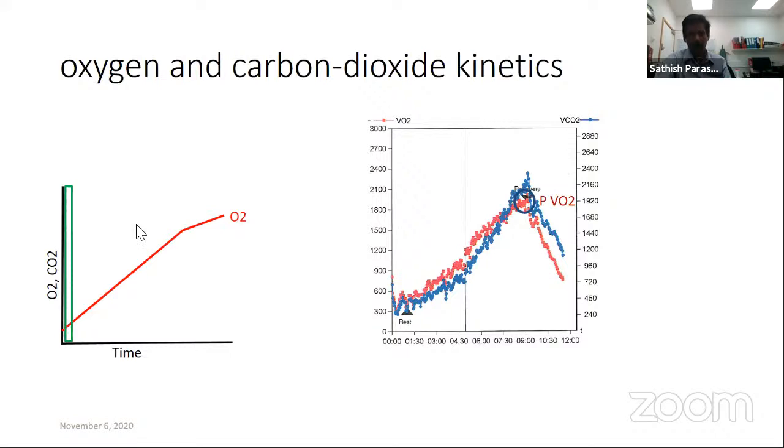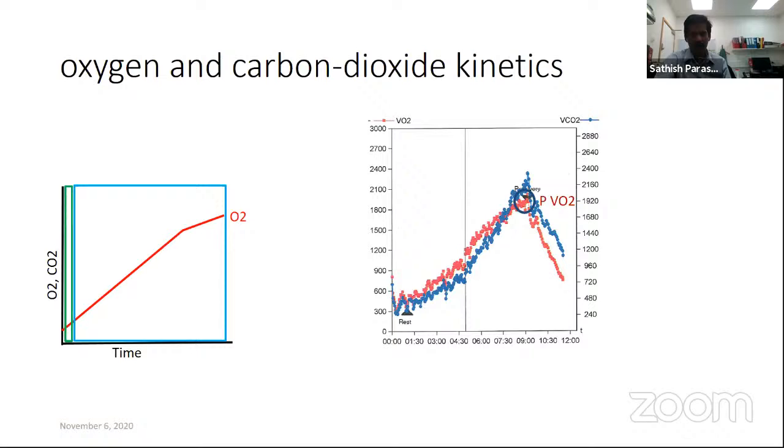So the initial source of energy, the green, again going back to the left-hand side graph, the green bar shows the initial source of energy is from the already stored source of ATP. But then for the rest of the heavy exercise, we need aerobic metabolism of glucose and fat throughout the exercise to supply most of our energy.